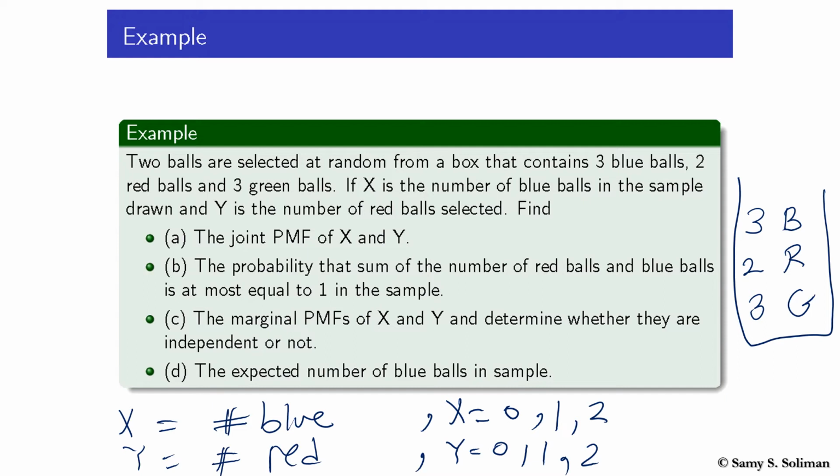So he asks us to find the joint PMF of x and y, the probability that the sum of the red balls and the blue balls is at most equal to 1, the marginal PMFs of x and y, and to know if they are independent or not, and finally the expected number of blue balls in the sample. So let's try this example together.